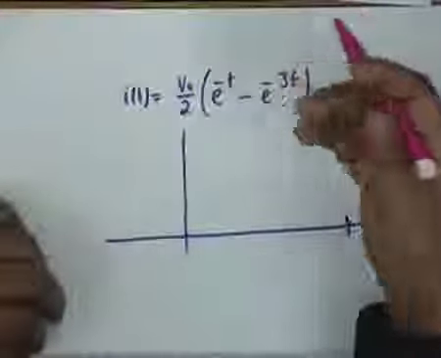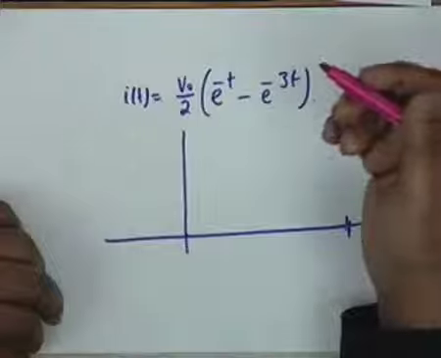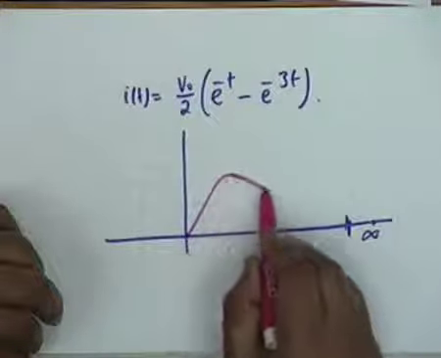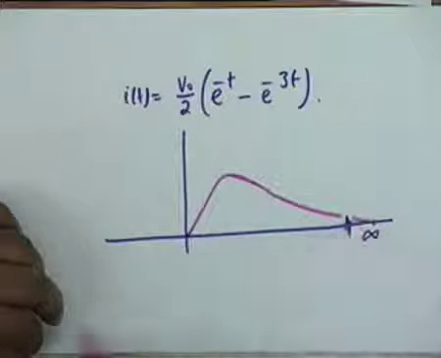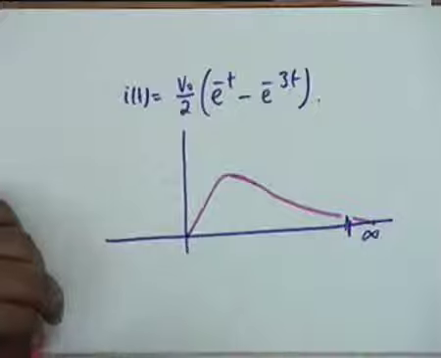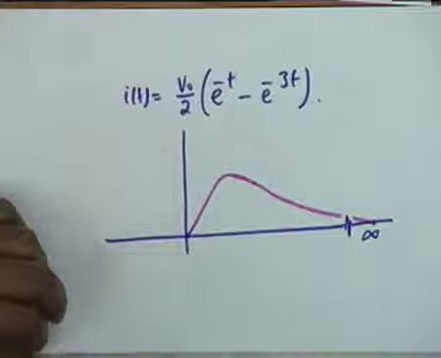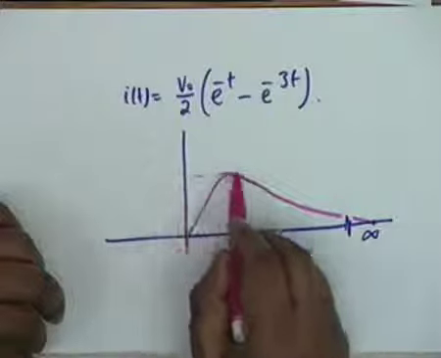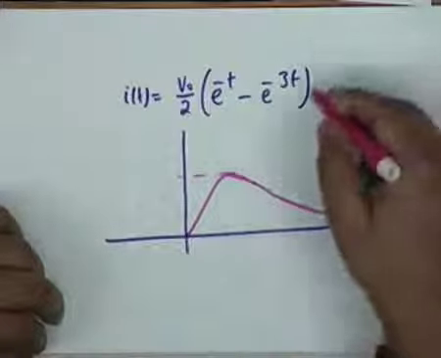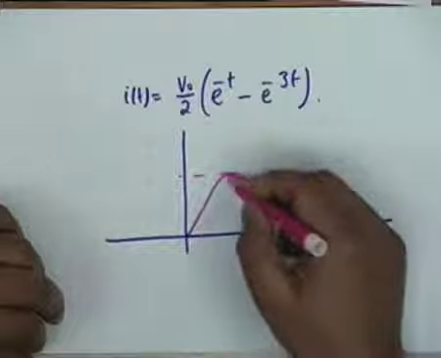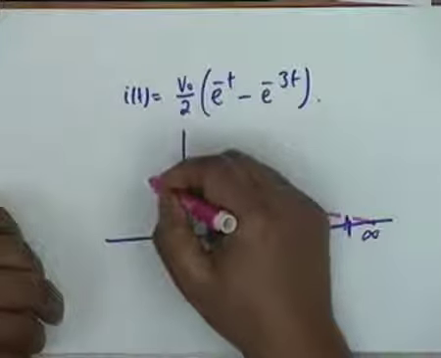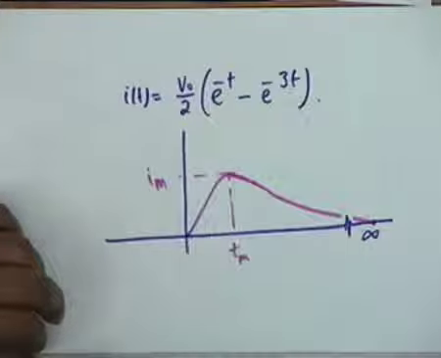In a higher order circuit it can have more maxima and minima. So it must go to a maximum and then go to 0. We show a break because we are showing infinity on a finite plane. So the current attains a maximum value somewhere, and by differentiating this, one can find out at what time the current attains a maximum.